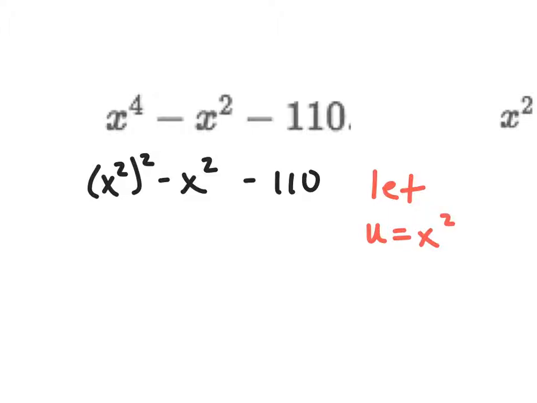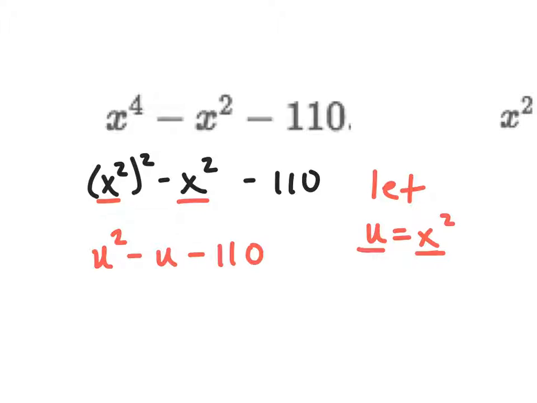So wherever I had an x squared, I want to replace that with a u because that's what x squared is equal to. So what I would do here is I would write this as u squared minus u minus 110. Okay, now what I have is a familiar thing that I could factor.